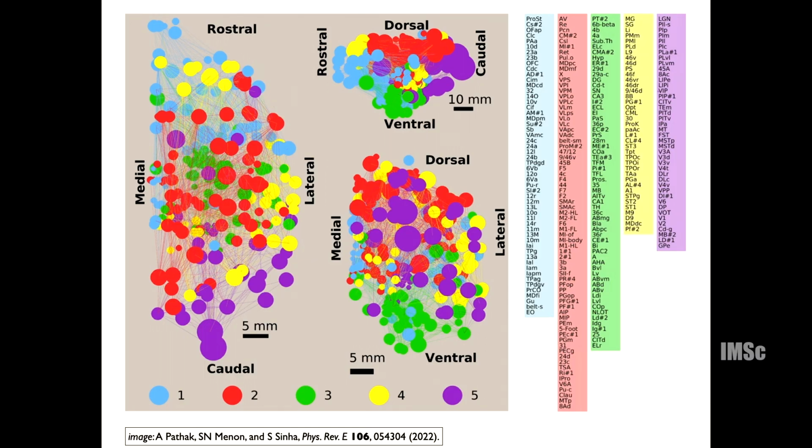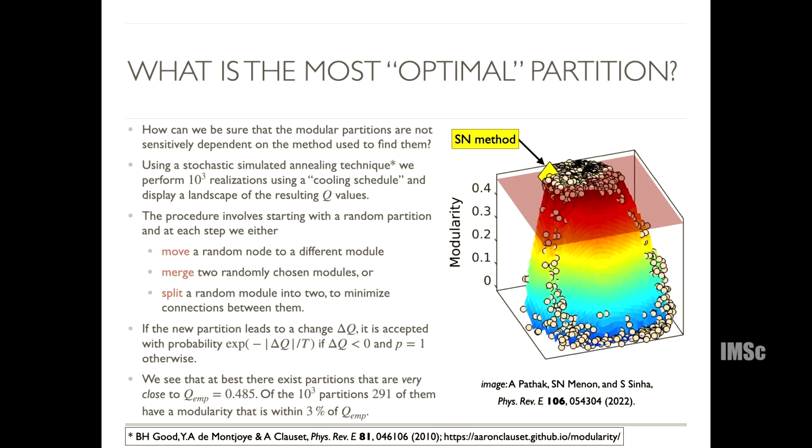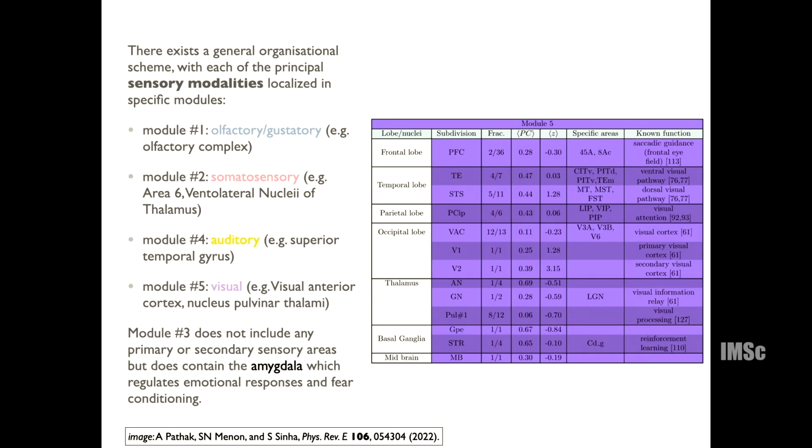We went through all of them, or at least many of them, maybe not every one, and we asked, what are these brain regions known for, or what is the known functional role of these brain regions? Is there any kind of commonality?